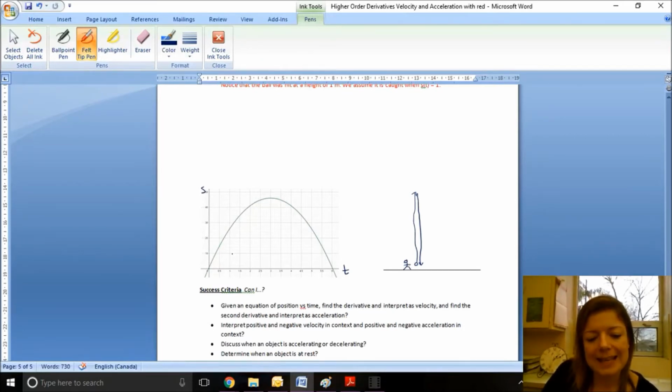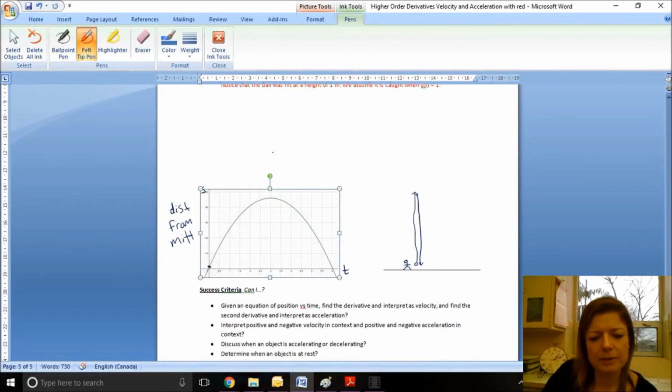You can think about this as the distance from the mitt. You can see that we start here at 1 meter, so the mitt is 1 meter above the ground, and then it's caught again at 1 meter above the ground.